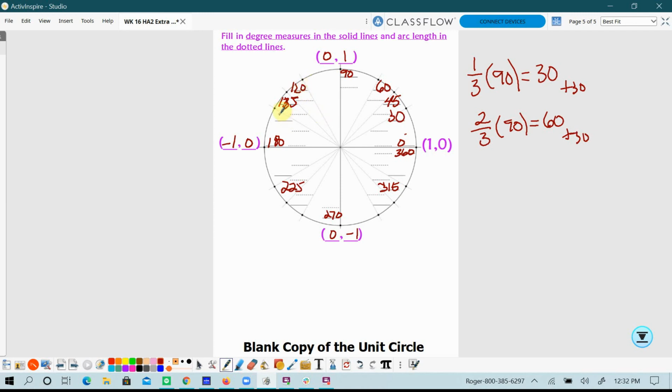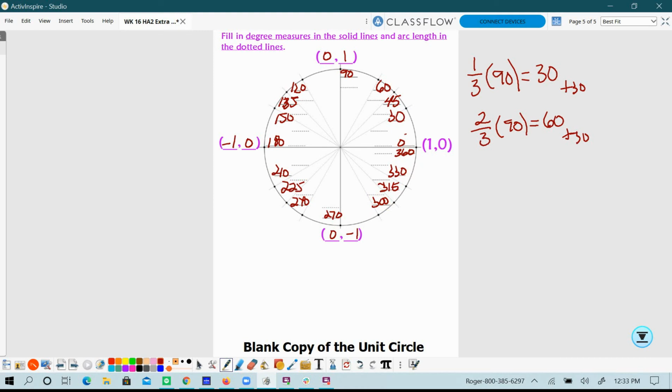You add another, you get 150. Keep adding 30, get 180. Keep adding 30, we keep adding that third. This is 210. Then another third, 240. Then another third, 270. Come over here, another, 300. And then a final third, 330, to complete, back at 360. So that's all of your degree measures in.